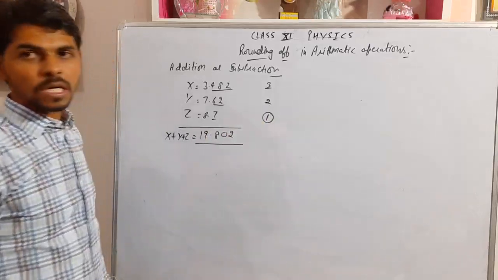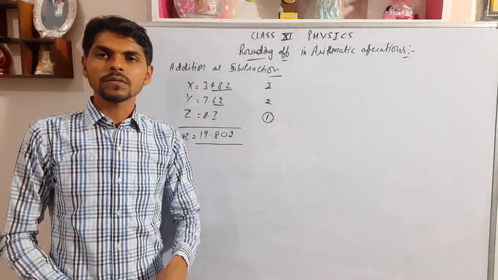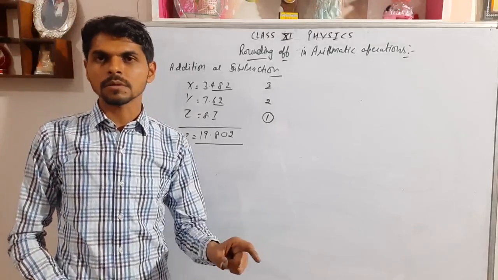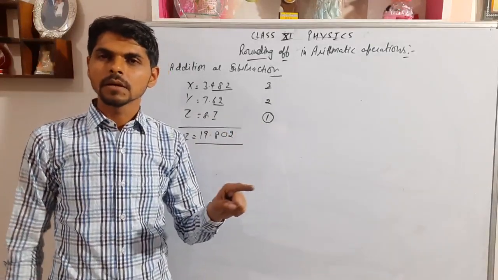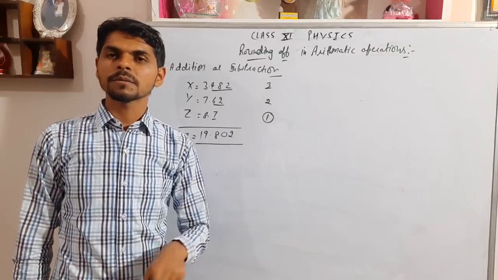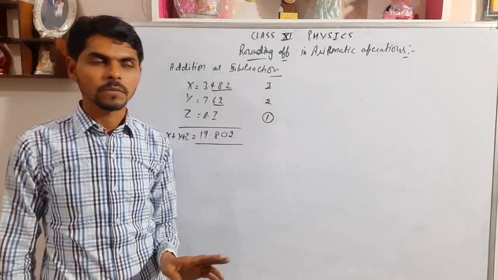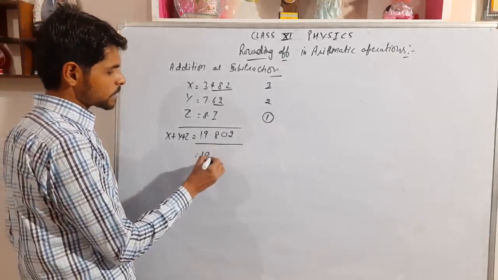Out of the terms you are adding, choose the one having the least decimal places. So the answer will also have the least number of decimal places, that is 1.